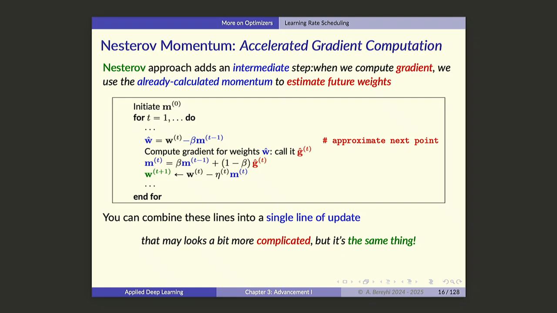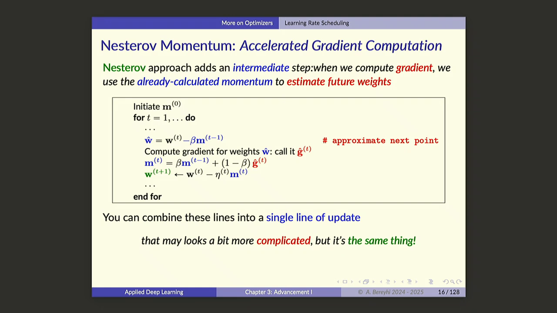Yep. The calculation of the W hat, can you repeat it? Why is W hat a better choice? Yeah. Because when you want to compute your WT plus 1, what you're going to do is first go from your WT by beta times MT minus 1, and then you move with your gradient, right?